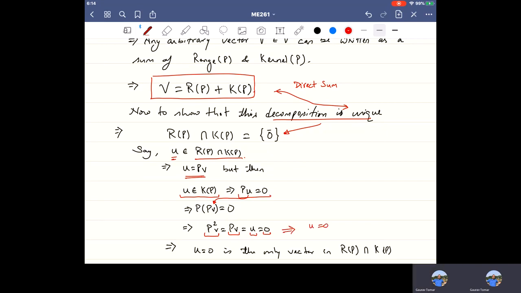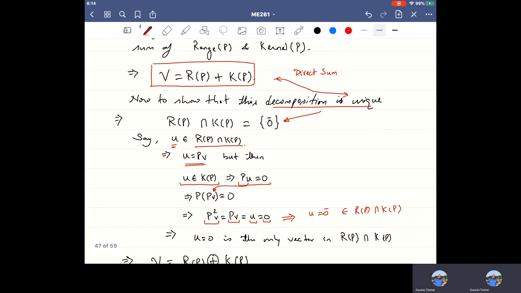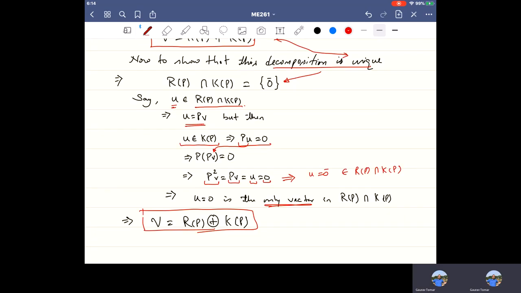Zero is the only vector which belongs to the intersection of range of P with the kernel space of P. This zero is the only vector, right? Which means we can write the vector space V as a direct sum of range of P and null space of P.